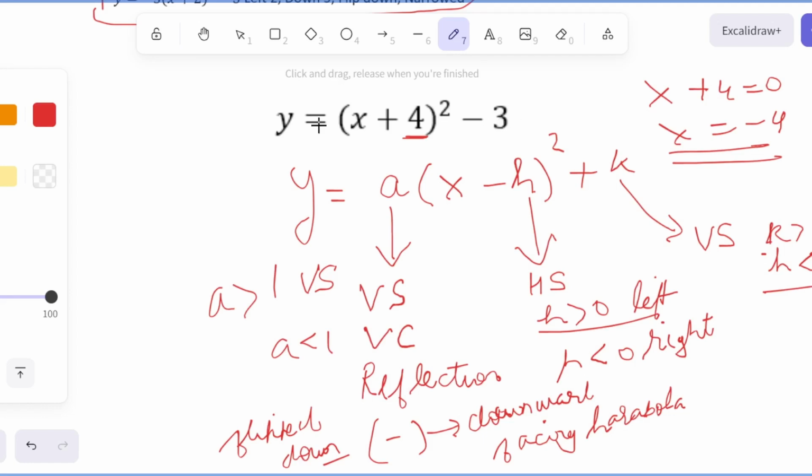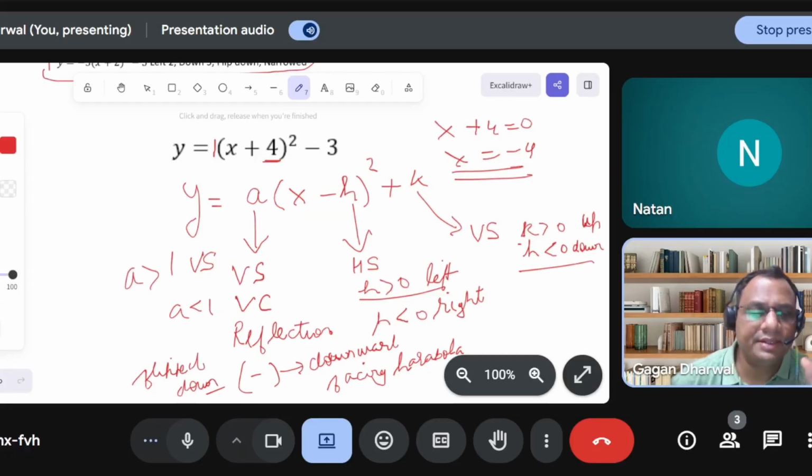And because the value of a here is 1, which is positive, that's an upward facing parabola. So what we can conclude from this equation is that it's an upward facing parabola with 4 units movement towards the left and 3 units movement along the y-axis downwards.